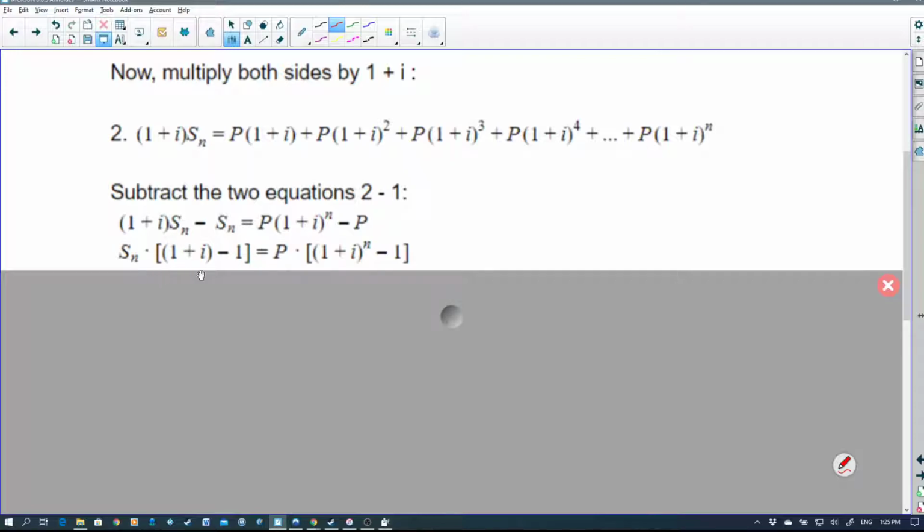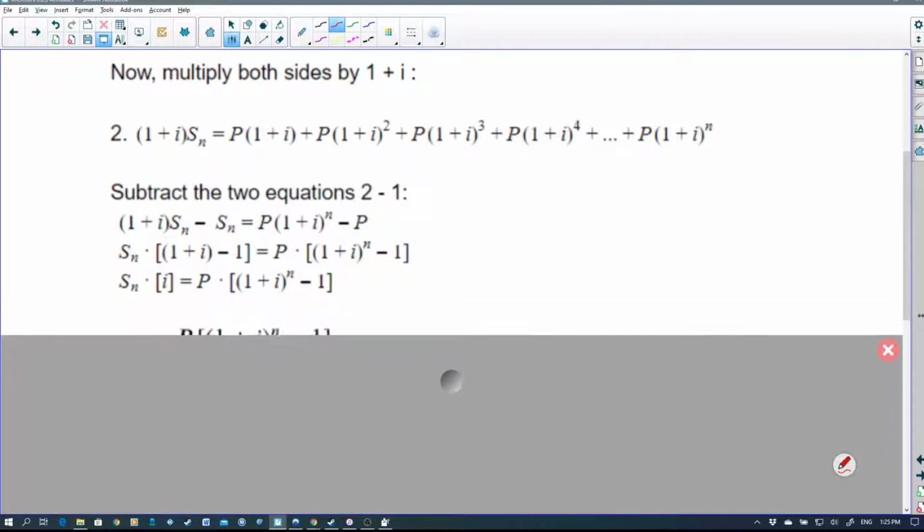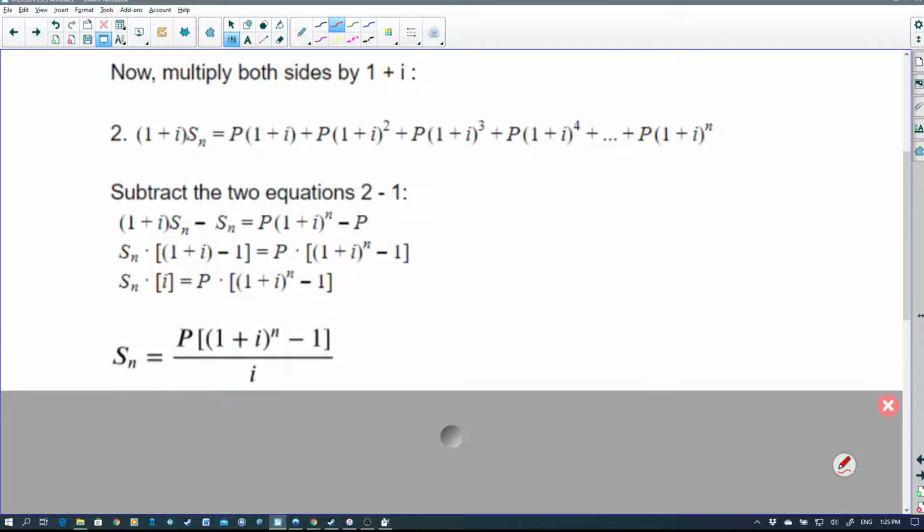I'm using square brackets here just to differentiate from the curved brackets. Now what's interesting is look what happens inside this bracket. What is 1 plus I minus 1 going to give? These brackets can just disappear because they just have a coefficient of 1. That just leaves us with I. And if we want to isolate for Sn, our final sum, we end up with this formula here.